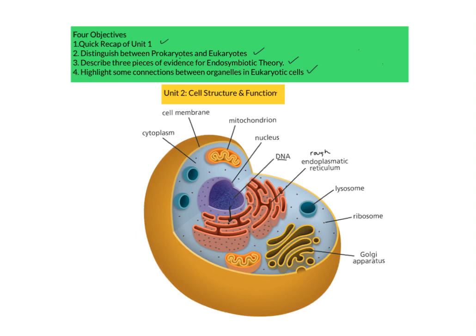From there, that protein that was synthesized is actually sent through a vesicle that comes off of the membrane of the rough ER and moves towards the Golgi apparatus.